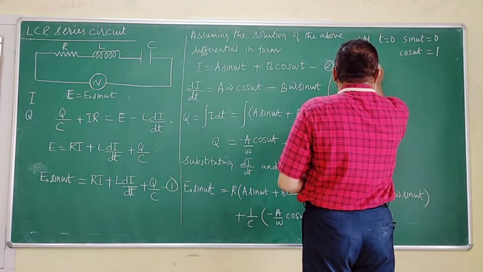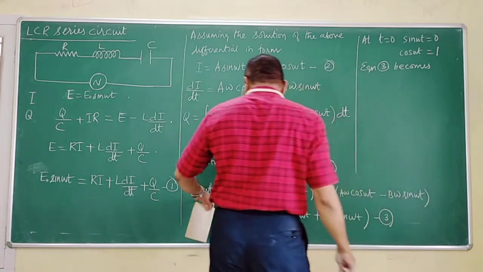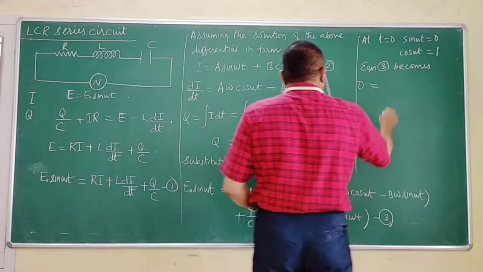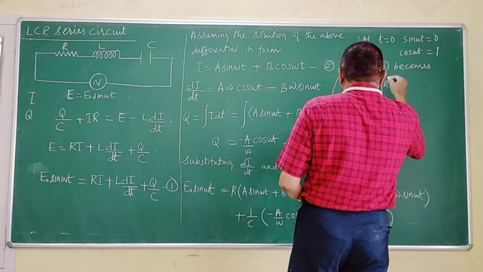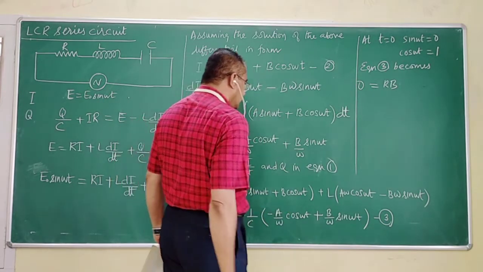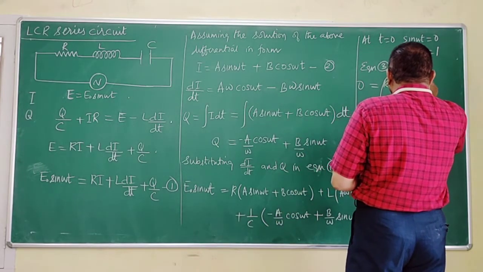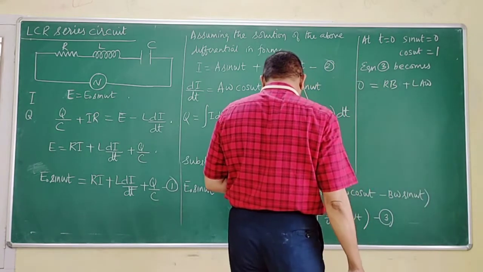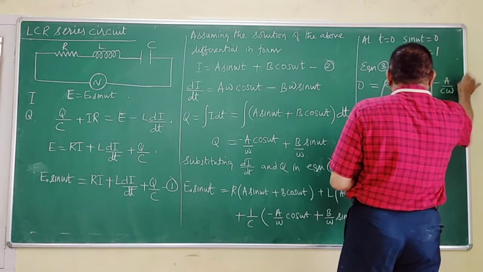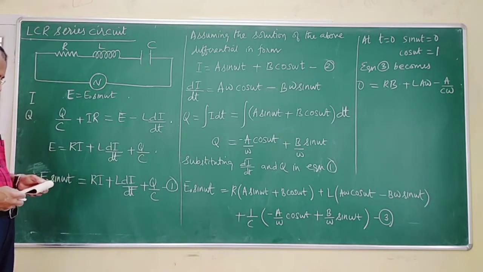So equation 3 becomes 0 is equal to RB, since sin omega t is 0 and cos omega t is 1, plus L A omega minus A by C omega. Is that clear to you, sir?